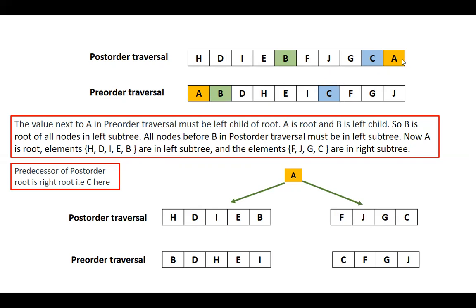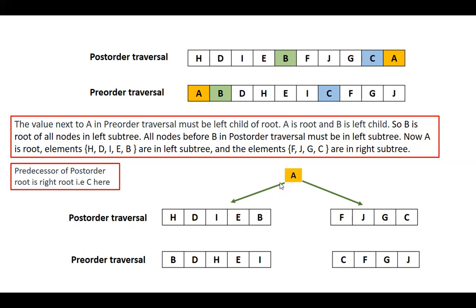Go to the post-order traversal and take the root's predecessor. Now A is the root and its predecessor node is C. So starting from C till you come across the element which is before the leftmost node, that is B, all are items of the right subtree, including C. Here you are including B, here it is including C. These are all right subtree elements.